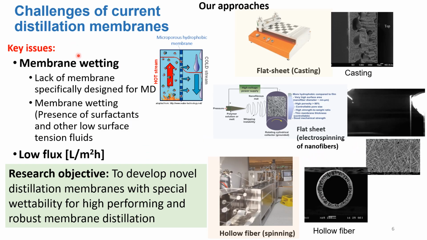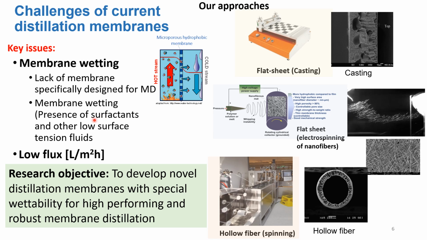Membrane distillation is currently not yet commercially available because of some key issues and challenges. One of the main challenges is membrane wetting. As you remember before, one of the requirements of MD is to have a hydrophobic membrane. But the components of the feed water could affect the characteristics of this membrane.